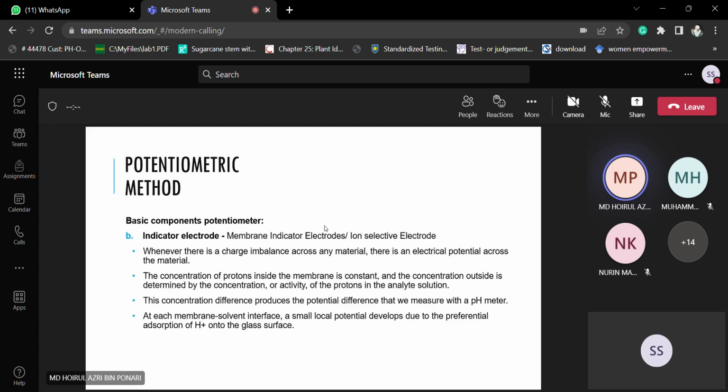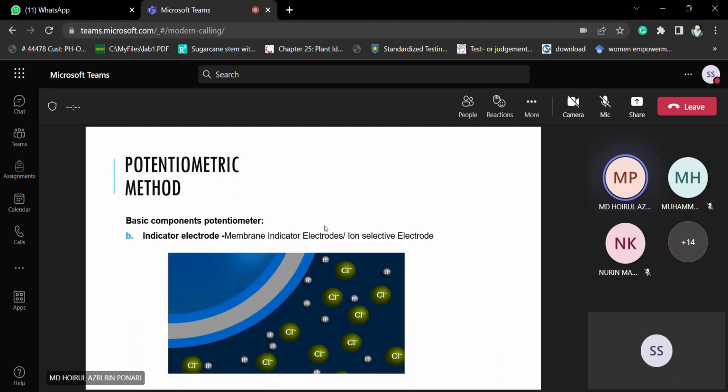So the concentration difference produces a potential difference that we measure with a pH meter. At each membrane solvent interface, a small local potential develops due to preferential absorption of hydrogen ions onto the glass surface. Okay, susah nak faham, so saya terangkan.